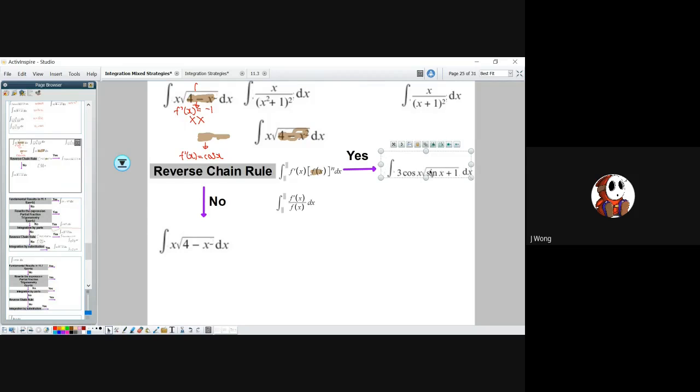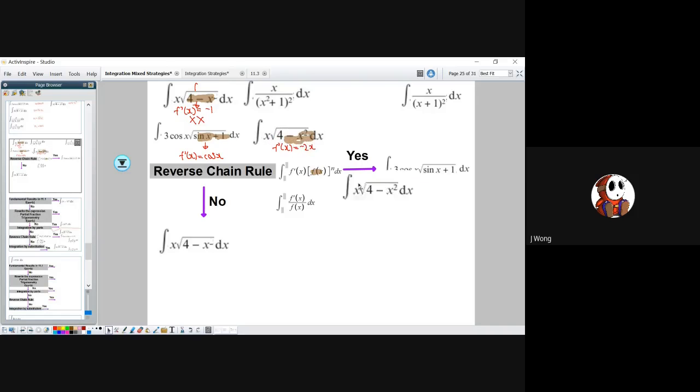That is fine. Right, okay, so the third one, if you differentiate 4 times square root of 4 minus x squared, f dash of x is minus 2x. So they are both the same class of functions. They are algebra, they're just linear functions, so you could completely cancel them. So yes, you could solve it with reverse chain rule.